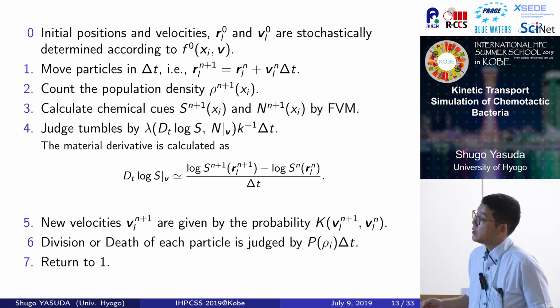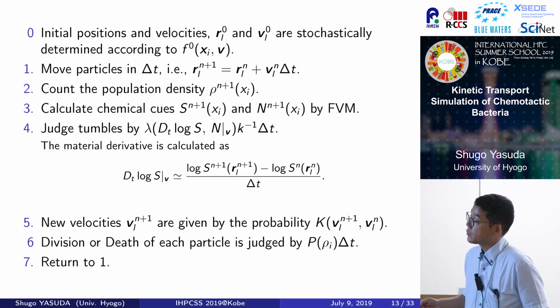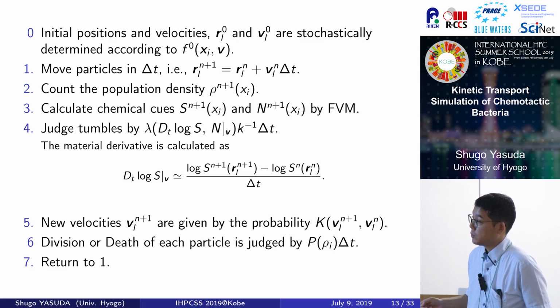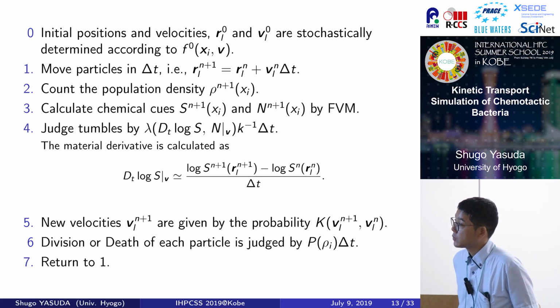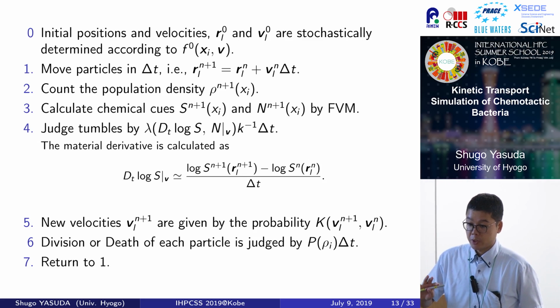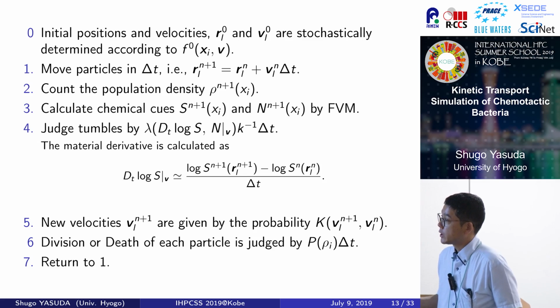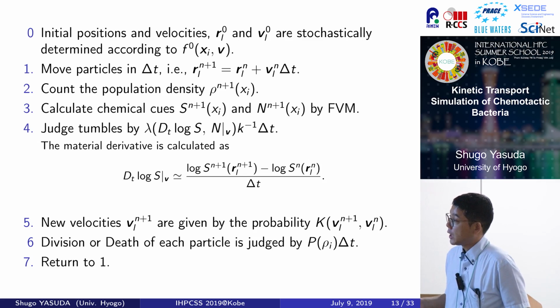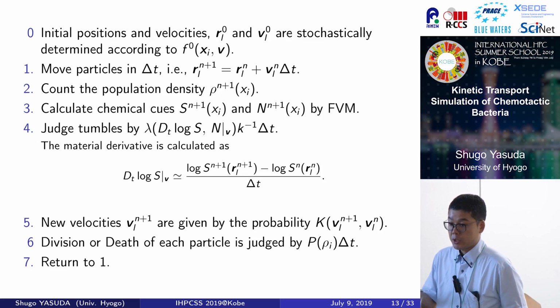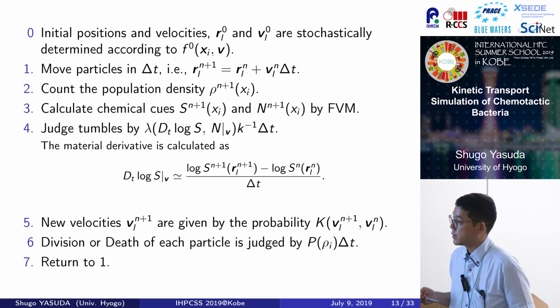Here we need to calculate the material derivative, but because we use the Monte Carlo simulation, we use the particle-based simulation. This material derivative along the pathway of each Monte Carlo particle is very straightforwardly calculated, just like this.